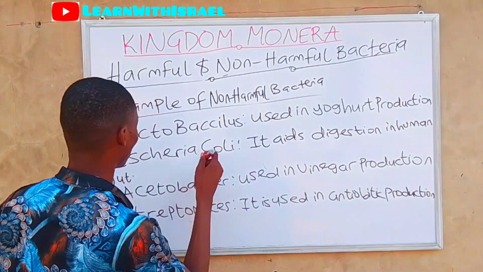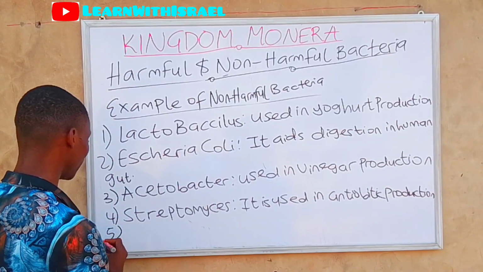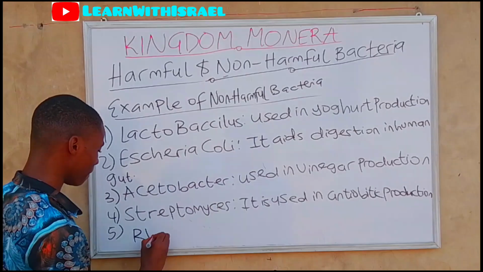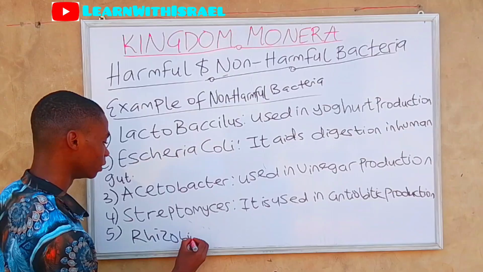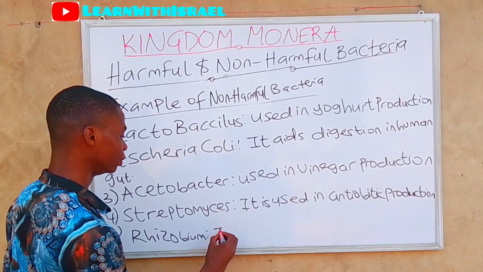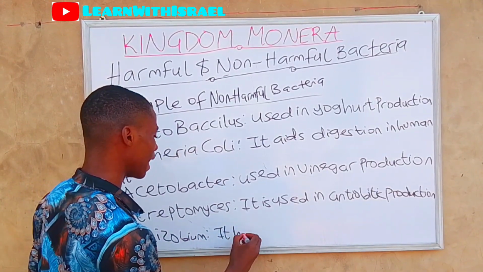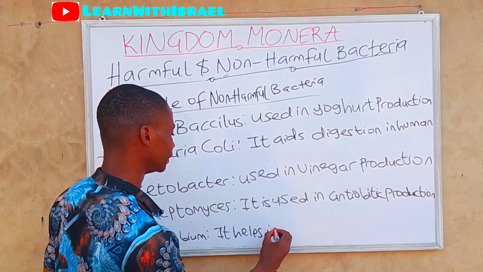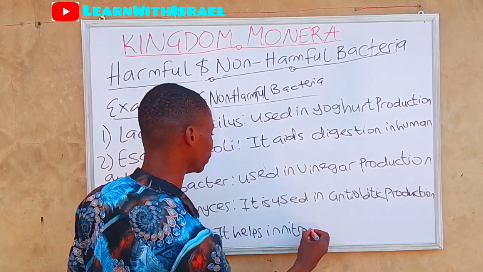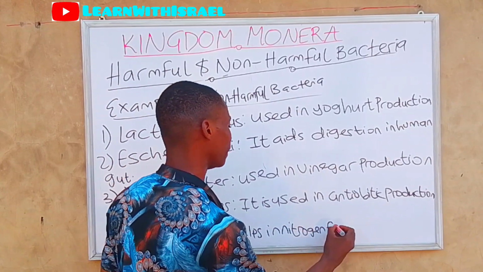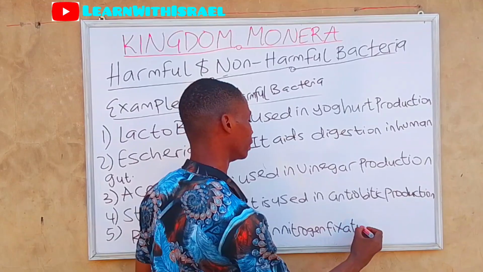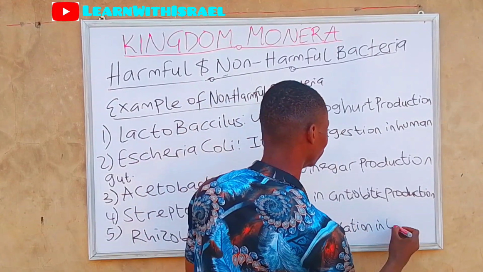So the last one I'll be talking about on non-harmful bacteria is Rhizobium. And Rhizobium helps in nitrogen fixation in legumes.